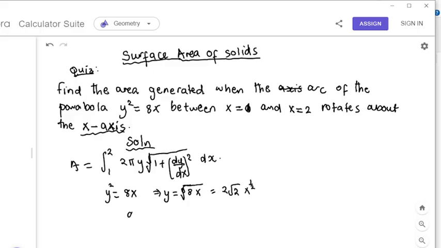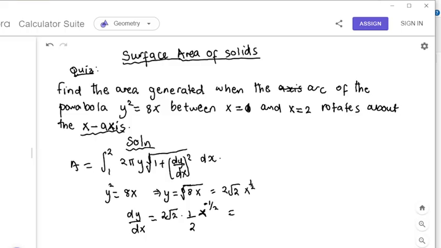So if we get dy/dx, meaning we differentiate, 2 root 2 is a constant, times a half x to the minus a half, because when you're differentiating, you subtract the power.